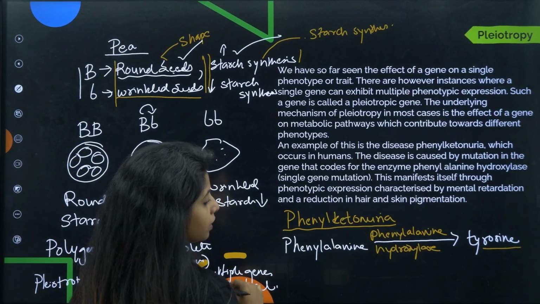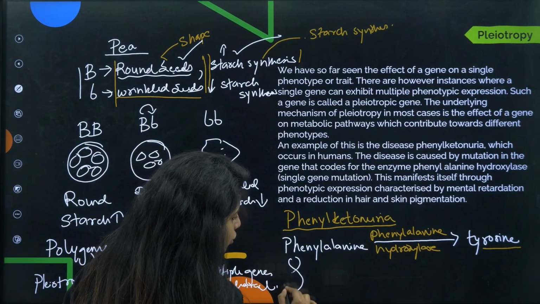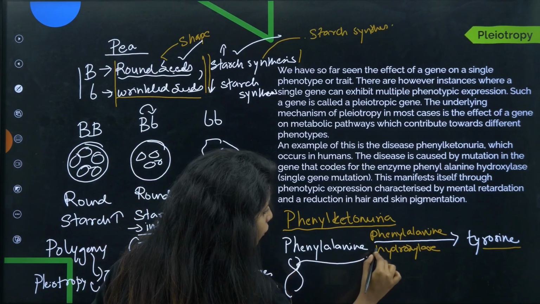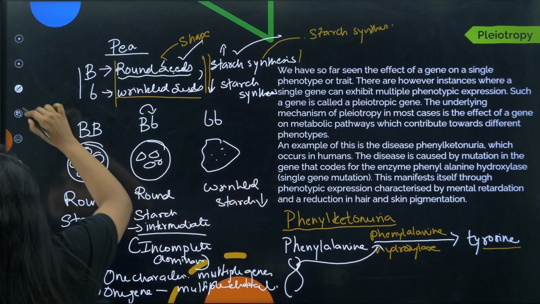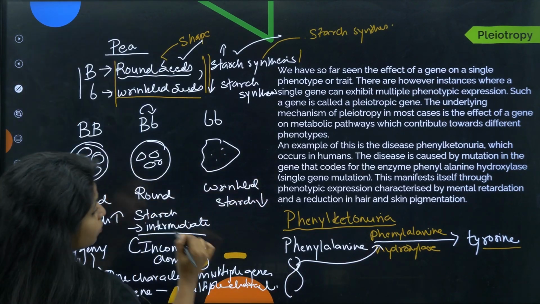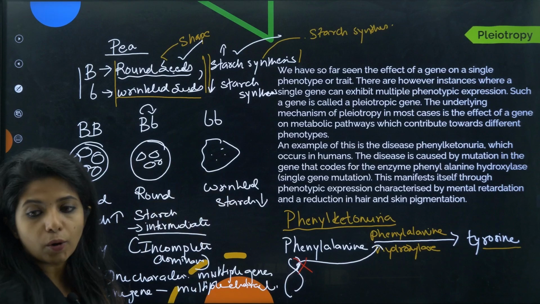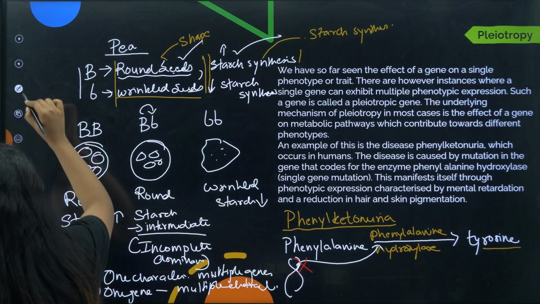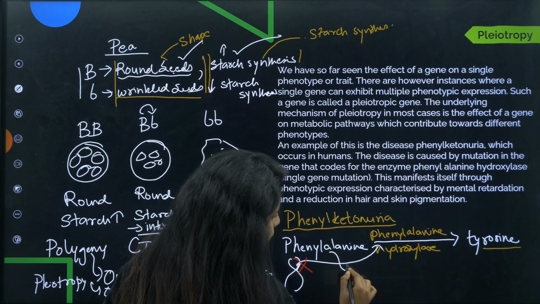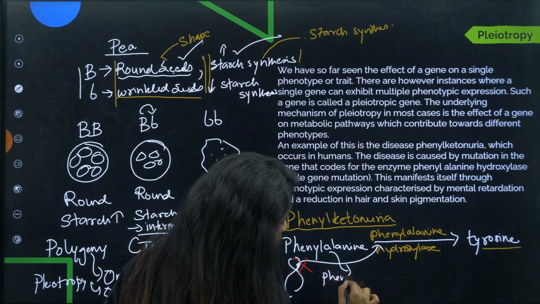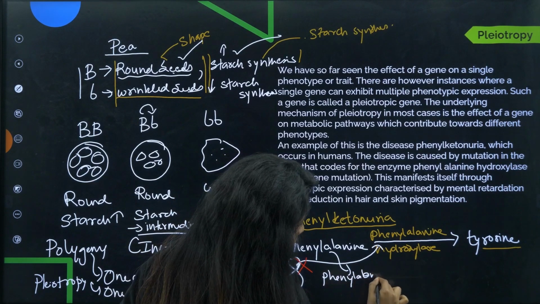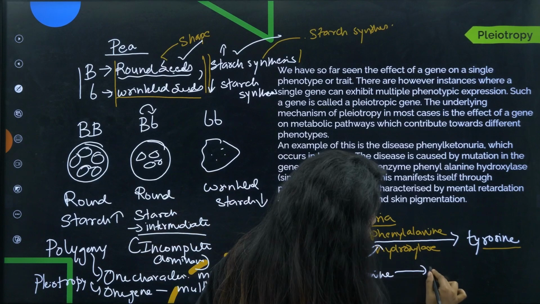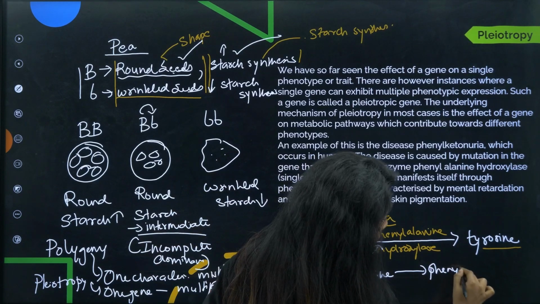But a twist happened. The twist is, the gene which was responsible for the production of phenylalanine hydroxylase has now been damaged, or it is not producing that particular enzyme, which is why all the phenylalanine which is there gets converted into phenyl pyruvic acid.